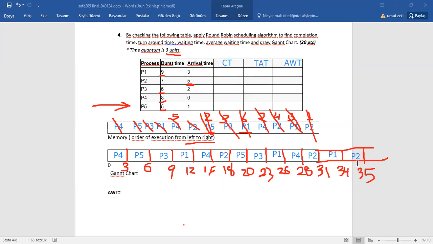So the completion time of process 2 is 35. Okay, it is finished, 35. Completion time of process 1 is 34.